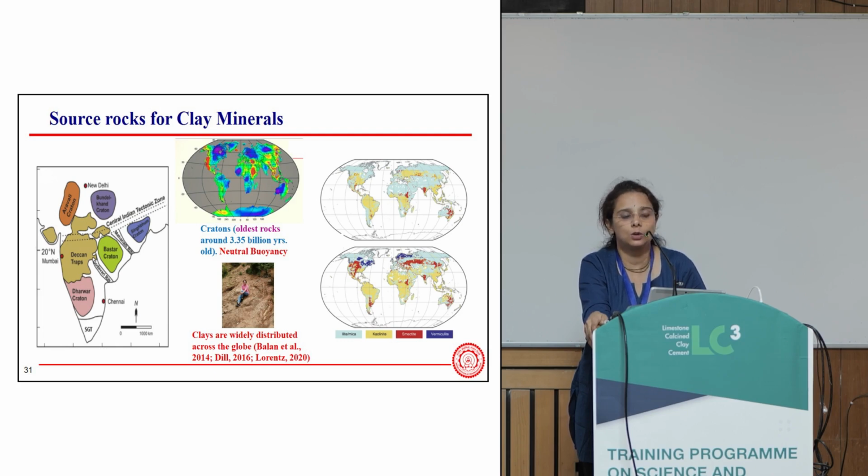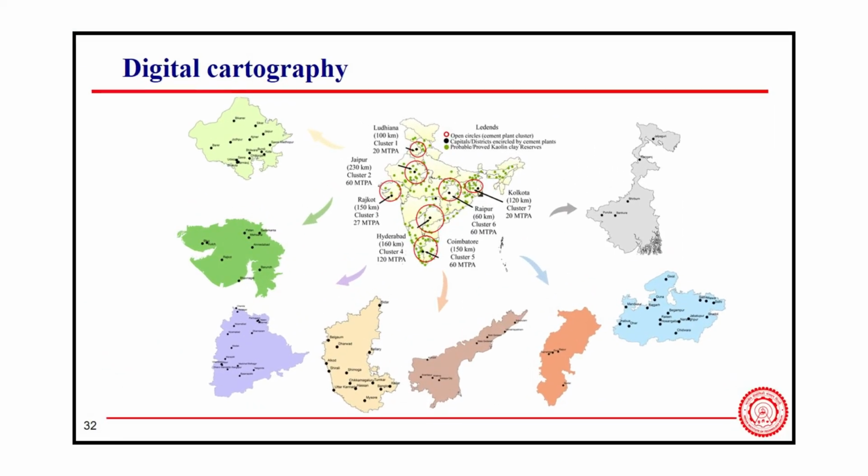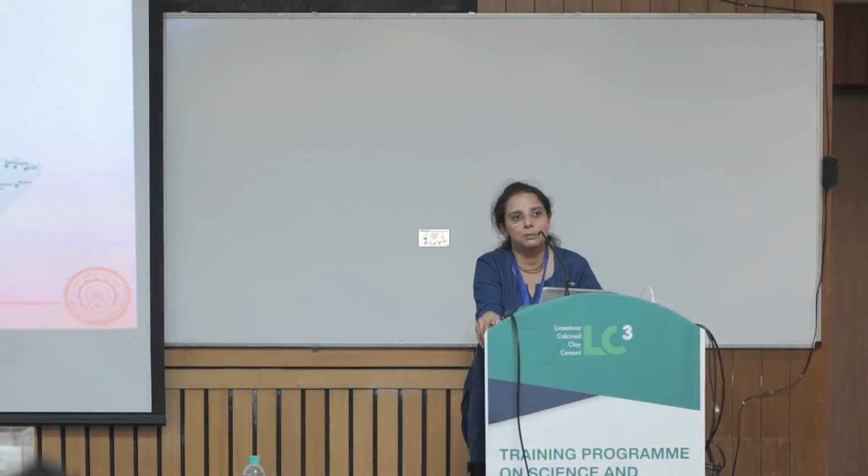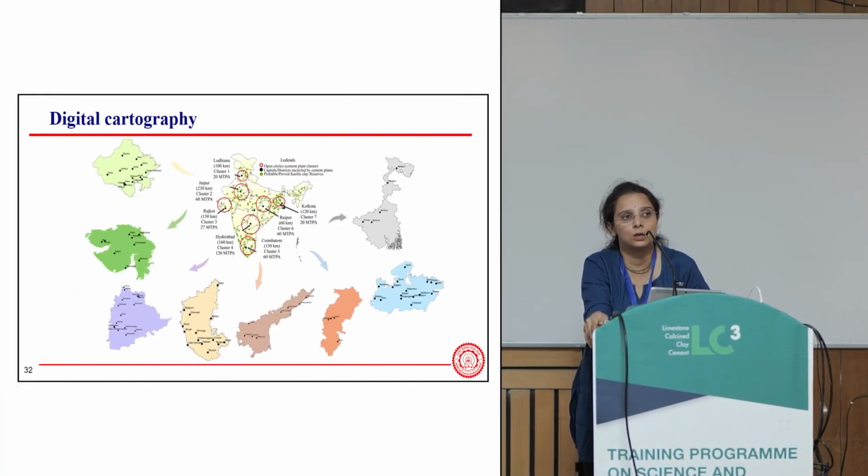We know that the Indian subcontinent consists of several cratonic nuclei: the Dharwar craton, the Singhbhum craton in the east, the Bhandara craton in the center, and obviously the Aravalli craton in the northern region. So we find that most of the clay minerals are associated with the cratonic regions of India. The best place to locate primary or secondary clays, mostly kaolinitic clays, is in the cratonic areas.